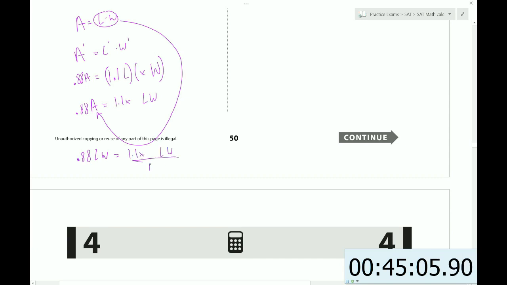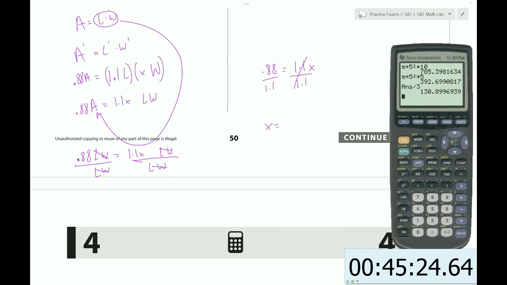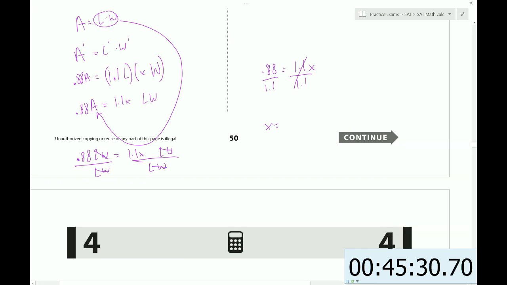Then we divide by LW on both sides in order to cancel it out, and we get 0.88 is equal to 1.1 times x. We divide by 1.1 on both sides, and that'll give us the value for x. So let's use the calculator. 0.88 divided by 1.1 gives us 0.8.